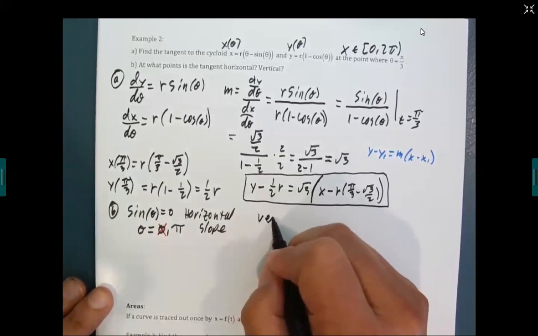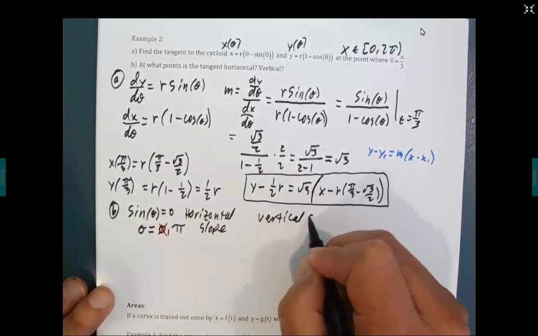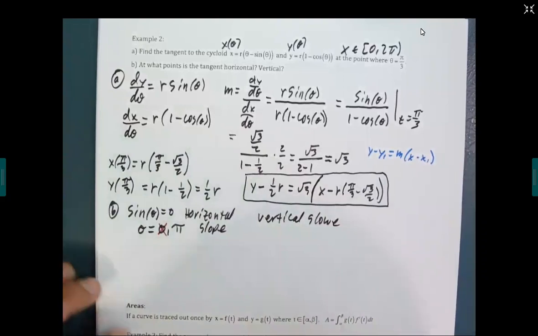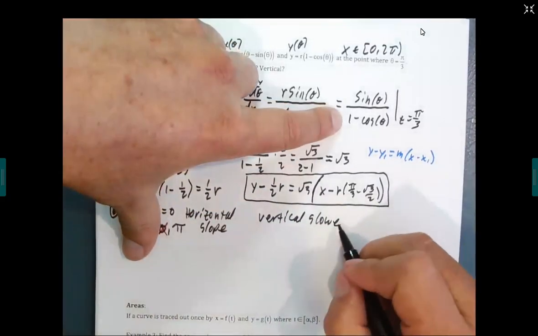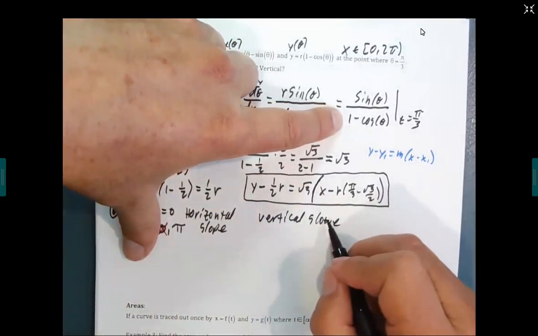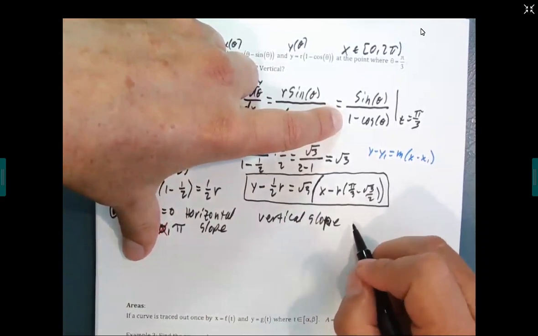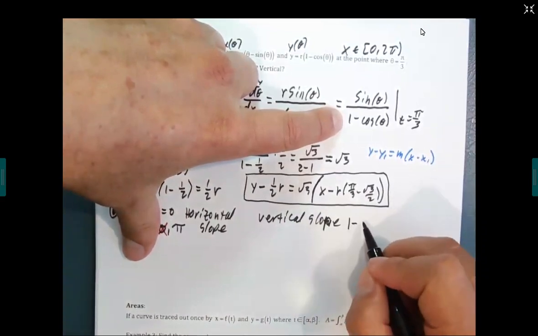And the vertical slope is when the slope is undefined. Which means that's where the denominator is equal to 0.